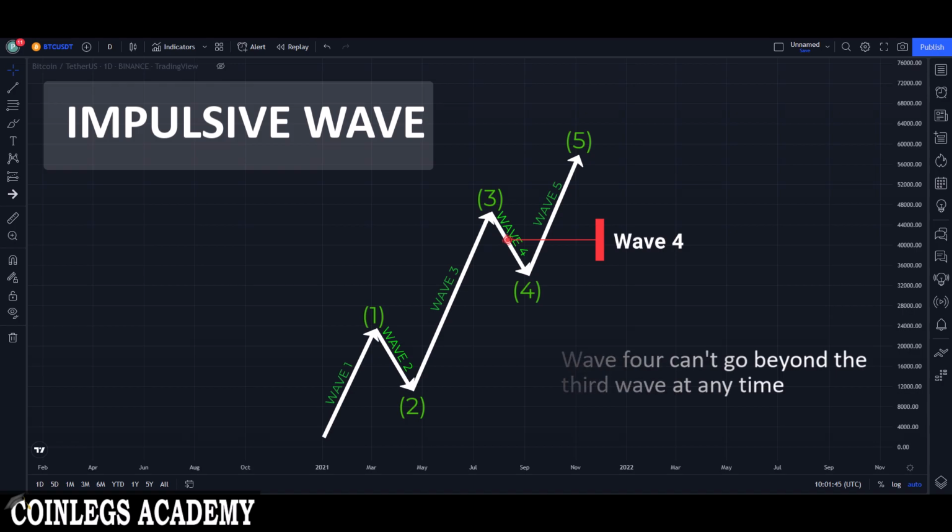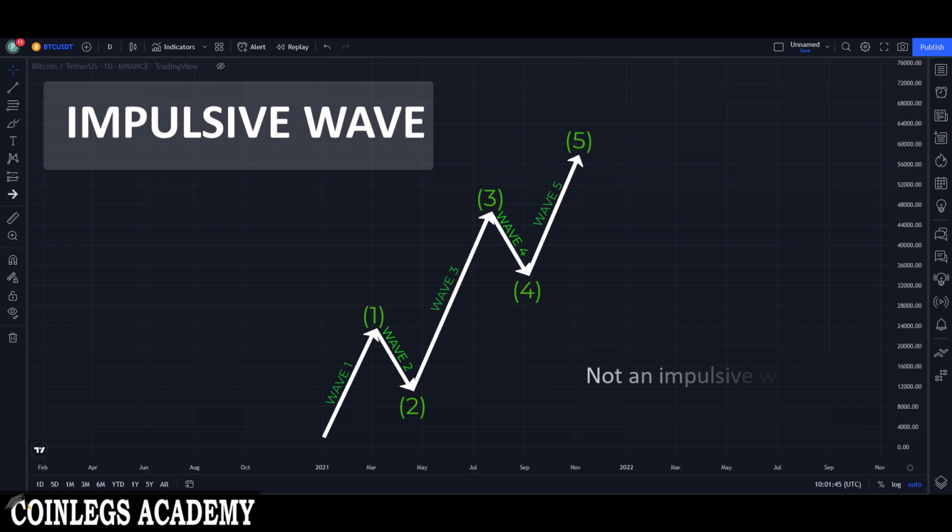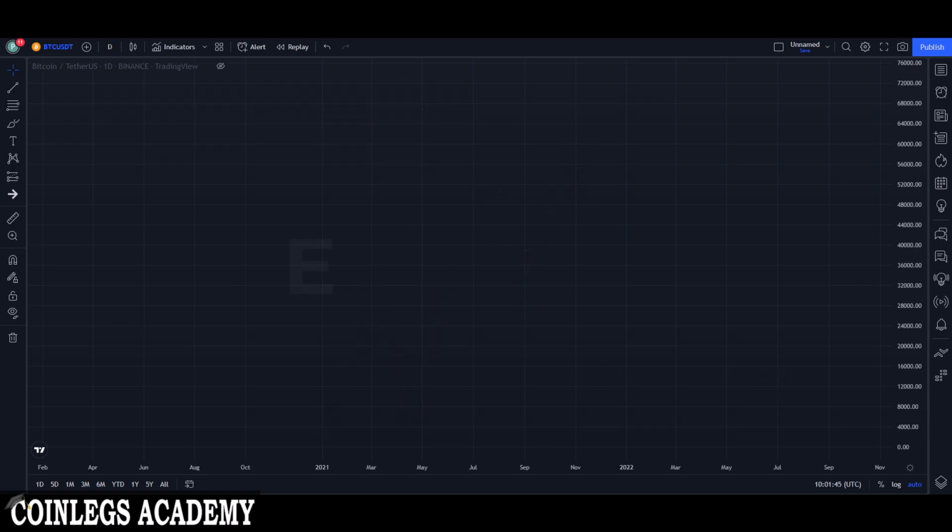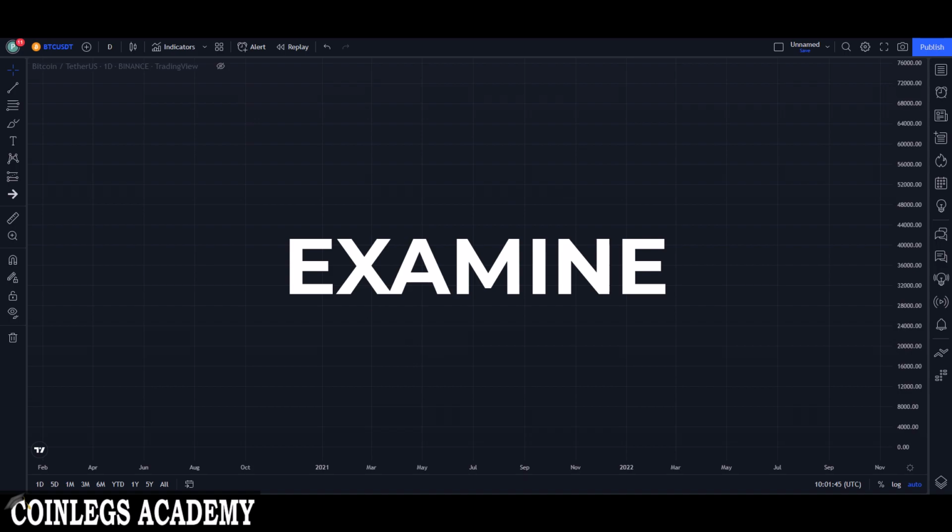If one of these rules is violated, the structure is not an impulsive wave. The trader will need to relabel the suspected impulsive wave. Now, let's examine all the waves in the impulsive wave and see how traders' psychology and behavior work in the structure.